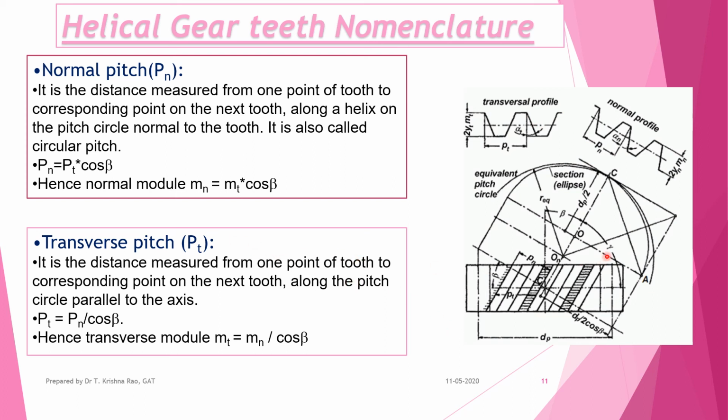The difference between normal and transverse is: normal pitch equals transverse pitch into cos beta. If you see here, cos beta equals Pn by Pt. Hence, the module also: transverse module equals normal module by cos beta, Mt equals Mn by cos beta.